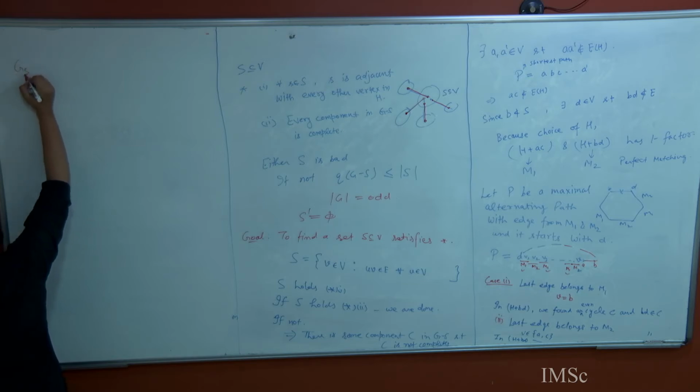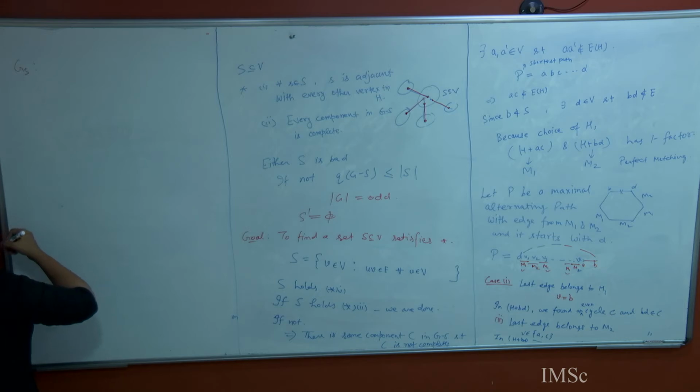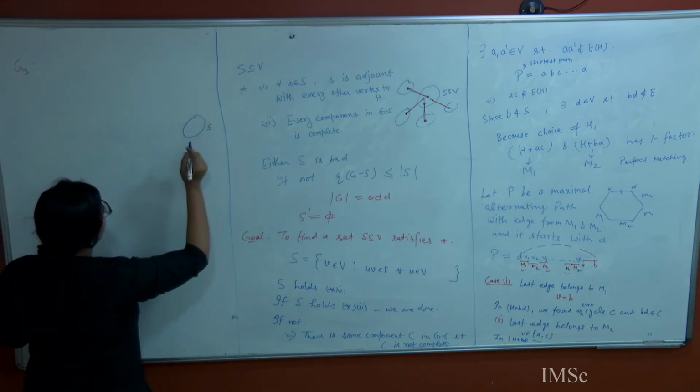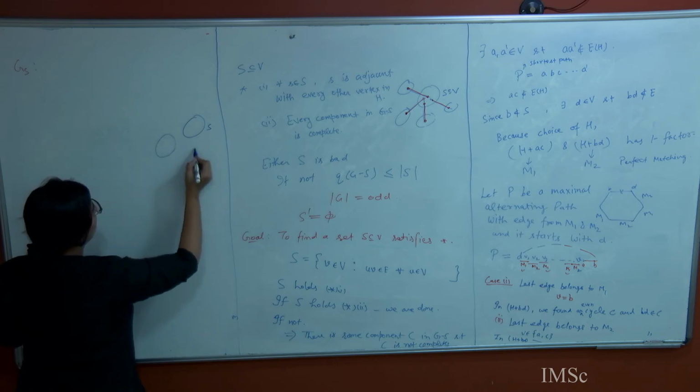So first let's define this graph GS. Given some set S, you have these components.